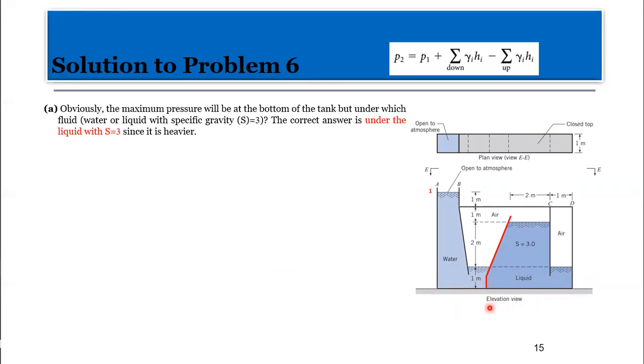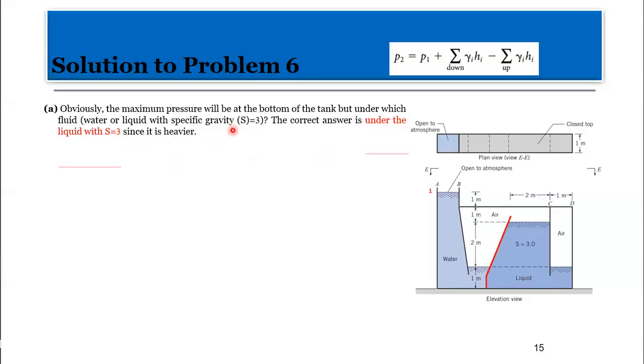But at which part of the bottom? Is it at the bottom of the water, or the bottom of the liquid with specific gravity 3? Obviously I'm saying the maximum pressure will be at the bottom of the tank, but under which fluid? Water or the liquid with specific gravity of 3? The correct answer is under the liquid with specific gravity 3, since it is heavier.